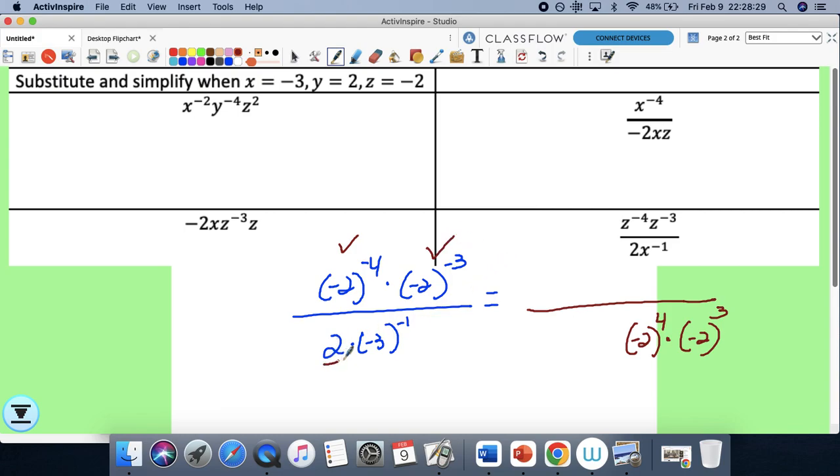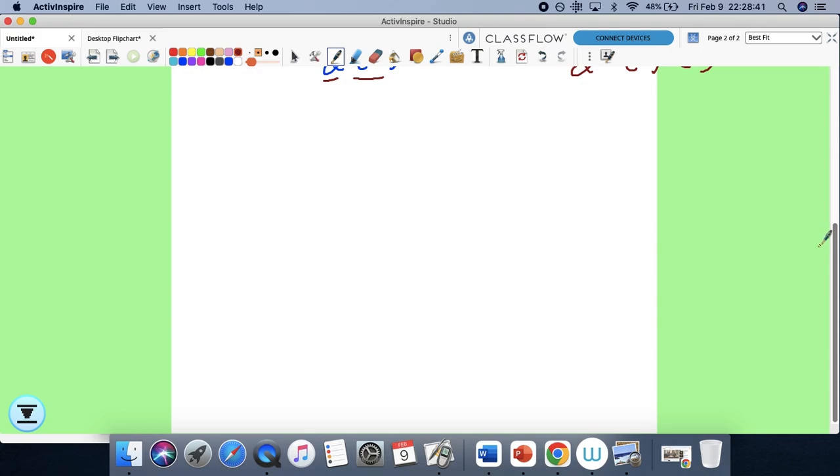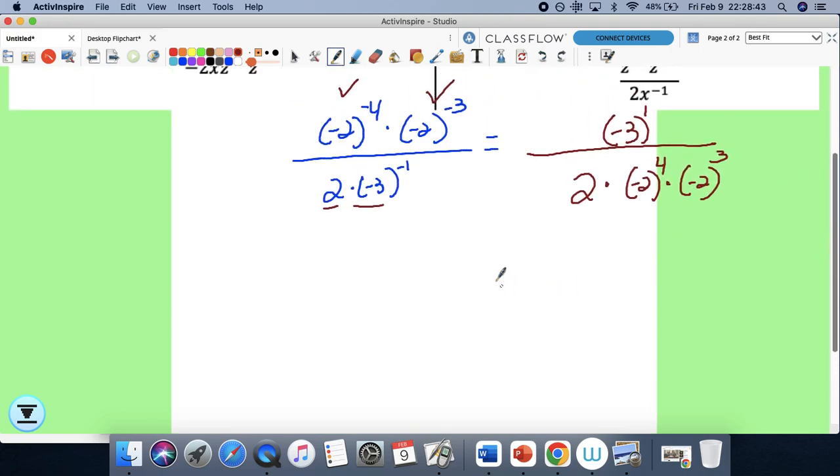Now, this 2 is here. But negative 3 to the negative first power has to do a little traveling to the numerator, and the negative 1 becomes just 1. We can finally do our calculations. Negative 3 to the first power is just negative 3, so leave that upstairs. This is 2 times negative 2 to the fourth power, which is 2, 4, 8, 16, but positive.